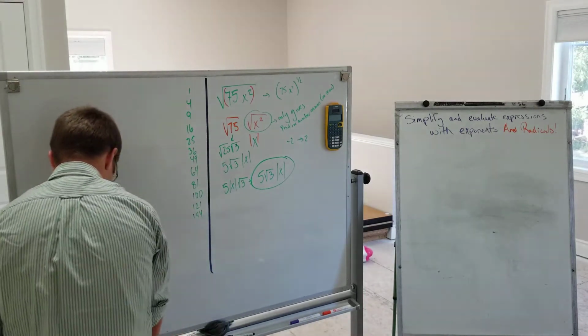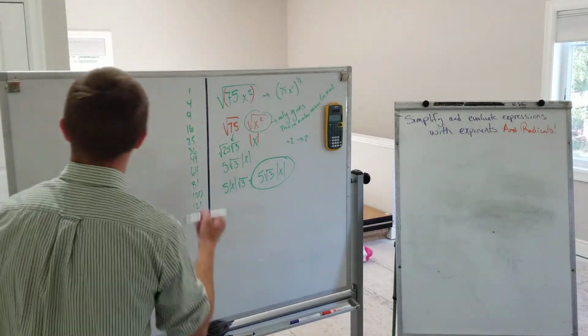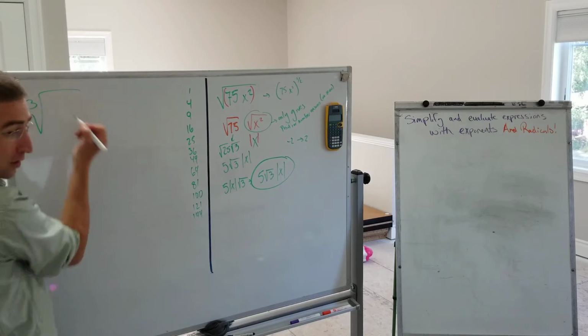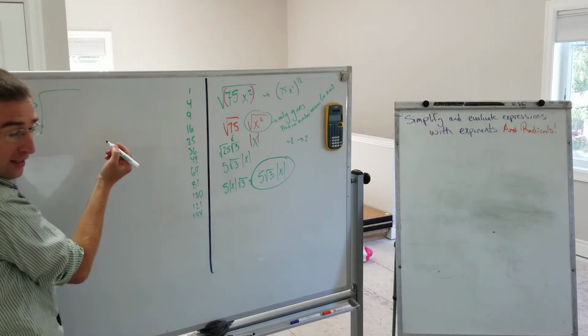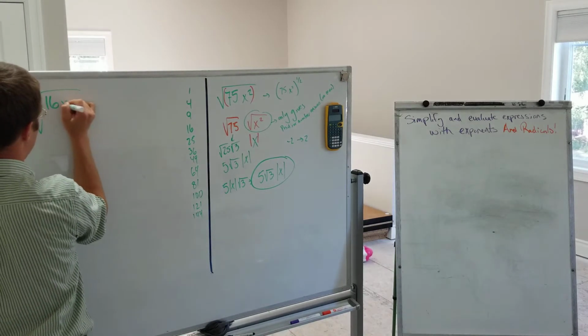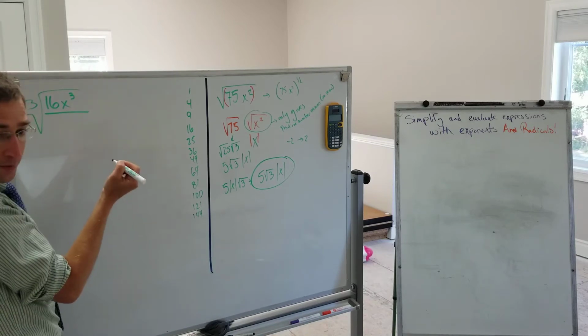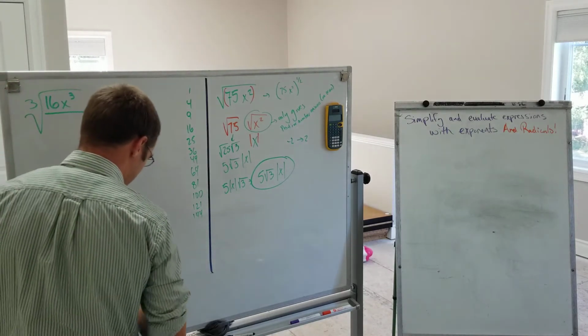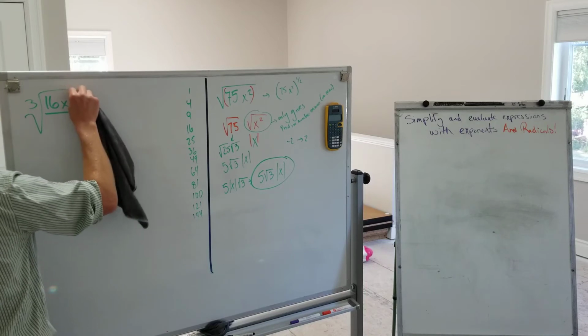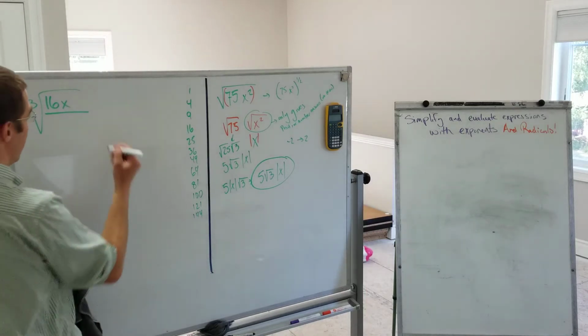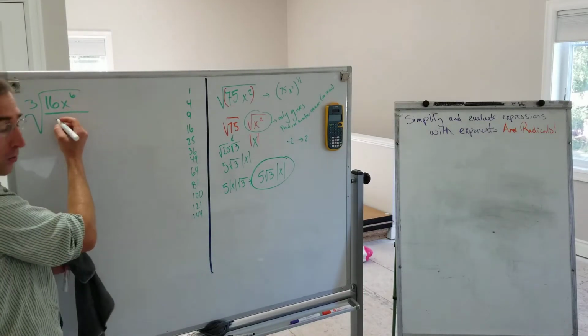All right. So we've got the cube root of 16x to the third. Oh my goodness. Let me read it first before I say it. 16x to the sixth. There it is. Over 27.